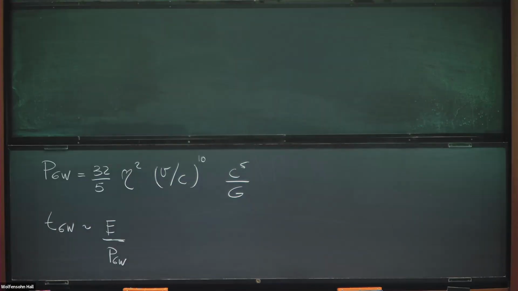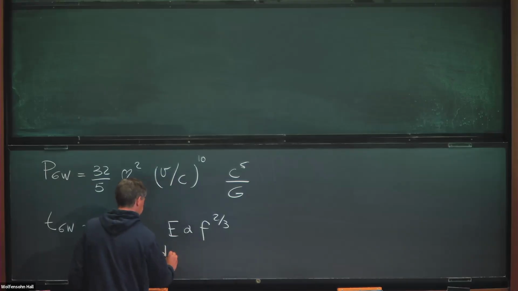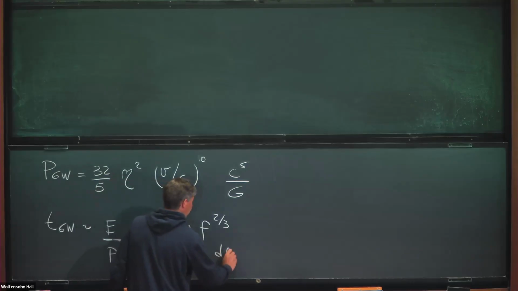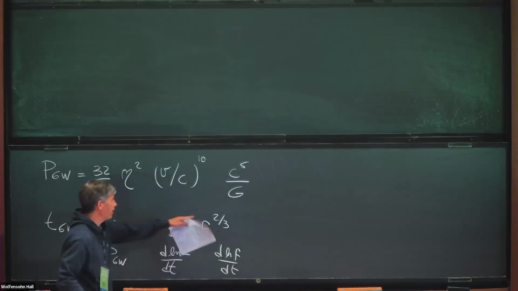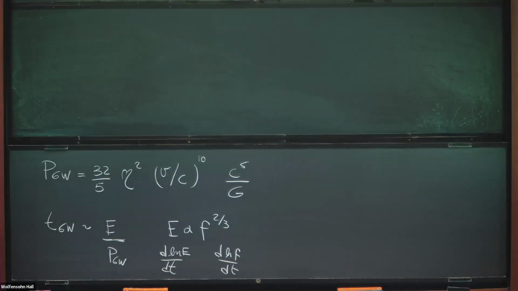You would always get the same, except for some factors of 3/2, 2/3. All I'm saying is that the energy is proportional to F to the 2/3, so if I do d log E dt, or d log F dt, I get the same timescale, up to a 2/3 in this case. So you can define it however you want, but the typical timescale is given by this.